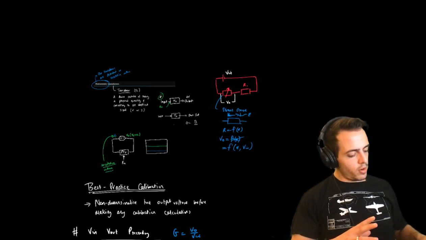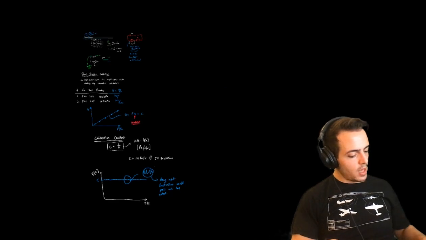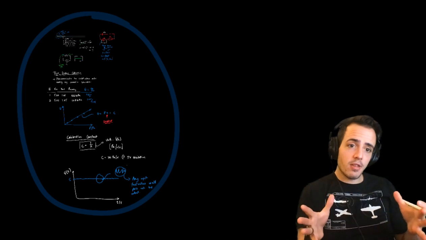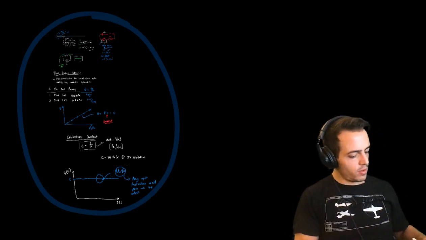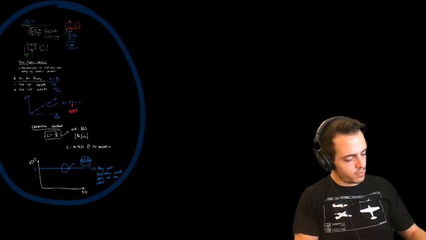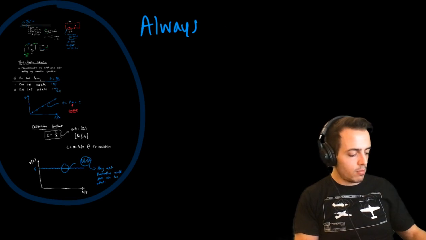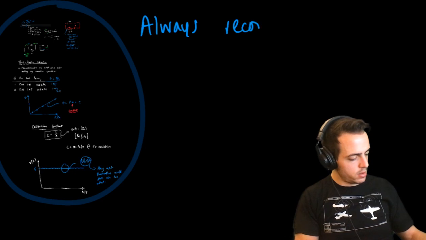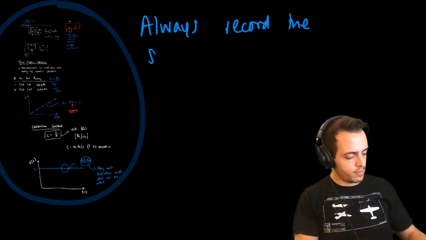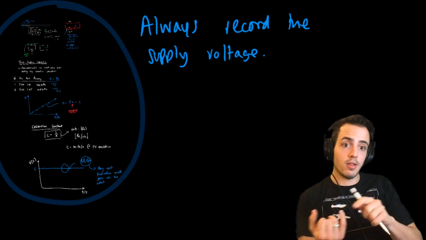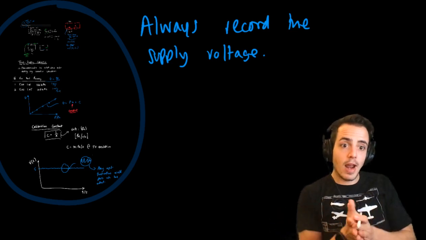Now, what does all of this mean? The bit that we've just gone through, and what we're often not taught as undergraduates, all of this that I've just shown you here is: always, no, let's write that in another pen, always record the supply voltage. So if you've got a transducer, they often have a range of input tolerances.